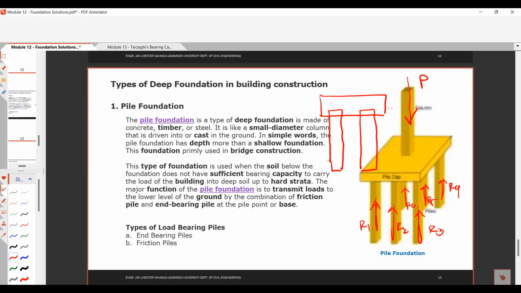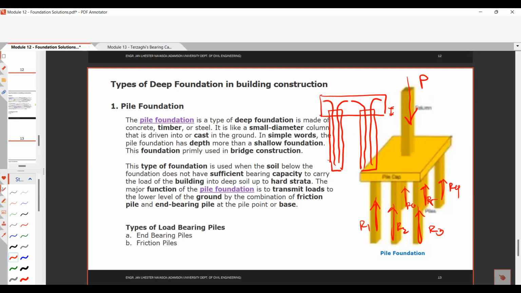So meron yung insertion dito, meron yung specific distance. Then you have a high grade reinforcement. Okay. So hindi lang siya grade 60. Sometimes they use grade, I don't recall, maybe grade 70 yata yun. Grade 70.